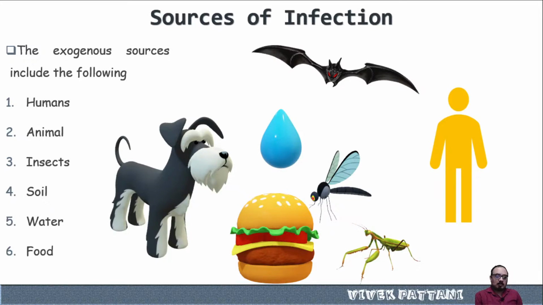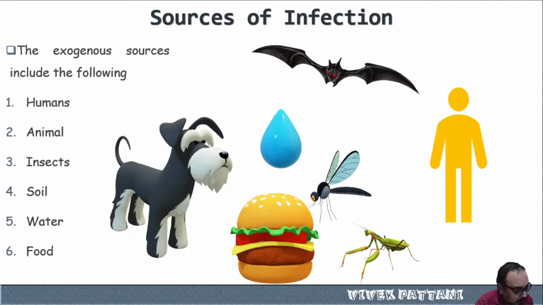The insect vectors may transmit the infection basically in two ways. They may be mechanical vectors, for example insects, and some of them may also be biological vectors.